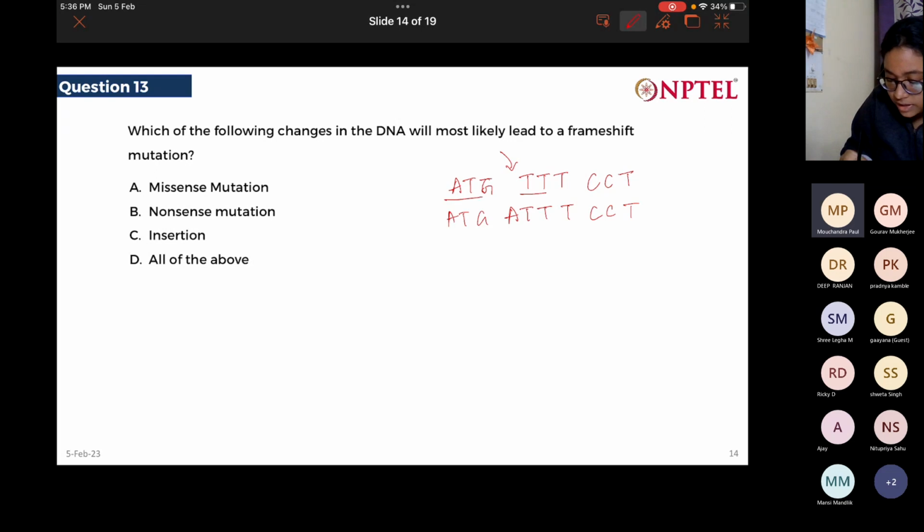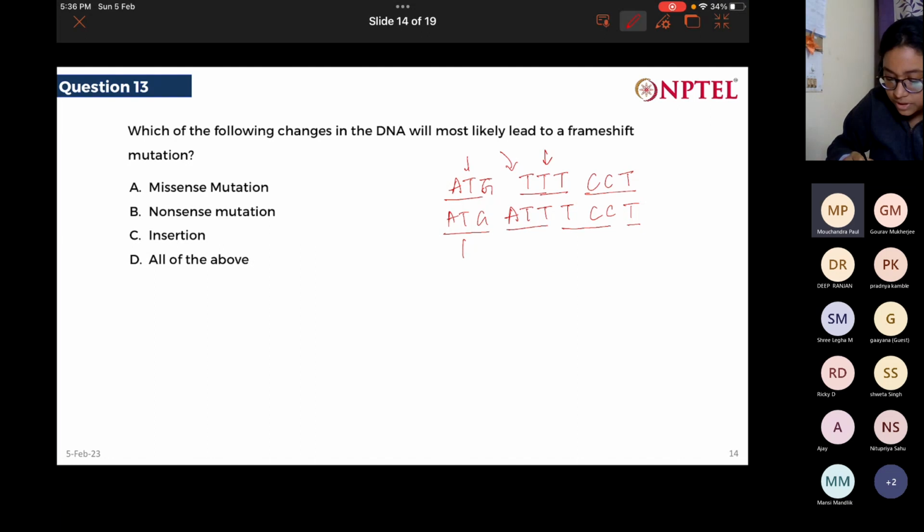Now, initially I was reading like this, 3 at a time. Now my reading will be 3, then 3, then 3, and like this. Because of this addition, ATG was coding for one amino acid, it was coding for another amino acid.